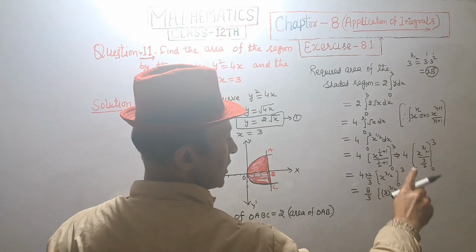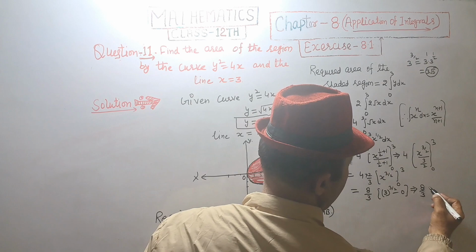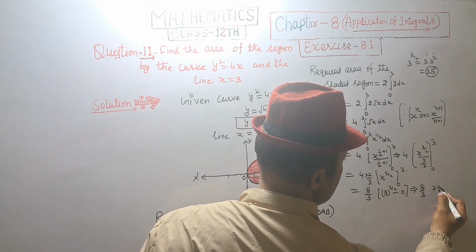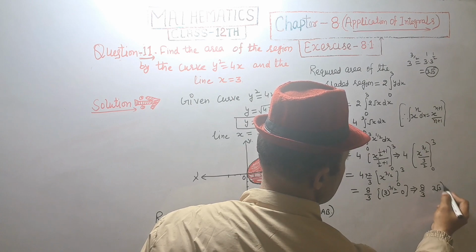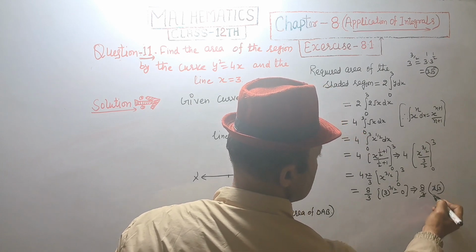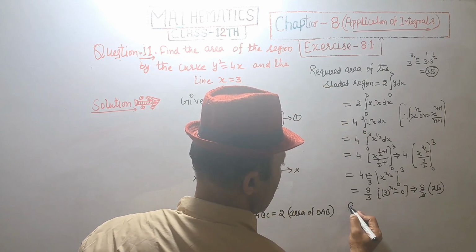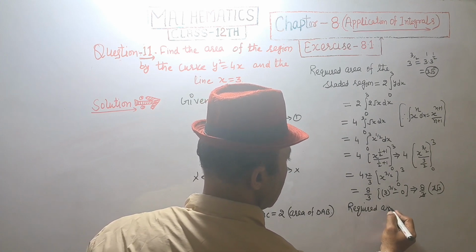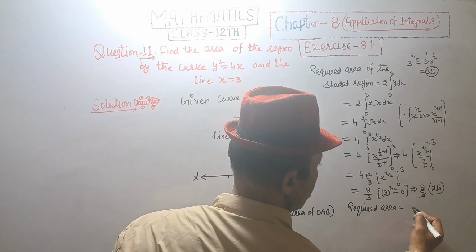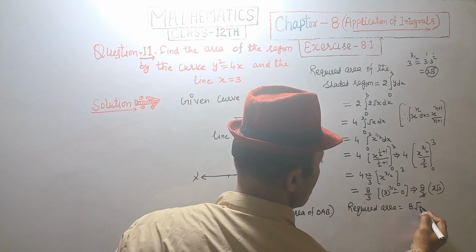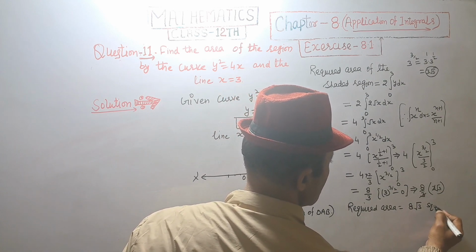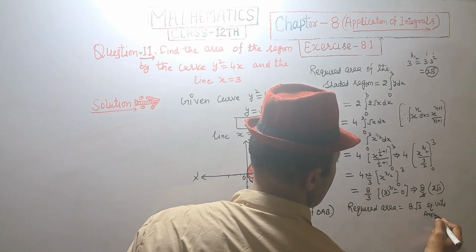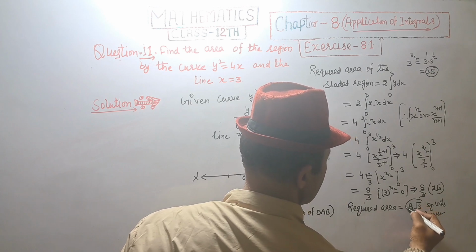So 3 raised to power 3 upon 2 we can write as 3 root 3. 3 is cancelled and we get required area is equal to 8 root 3 square units. Answer.